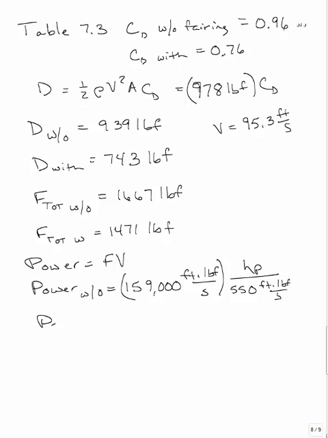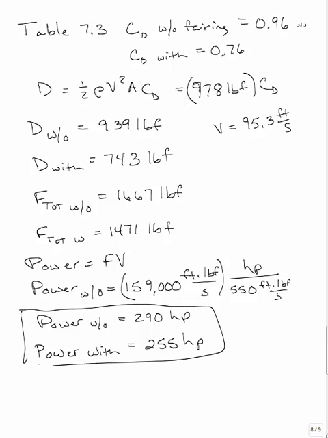So the power without equals 290 horsepower. Doing the same calculation with this force, with the fairing, 255 horsepower. Alright, so that's our answer, but really, is that what we need to know?